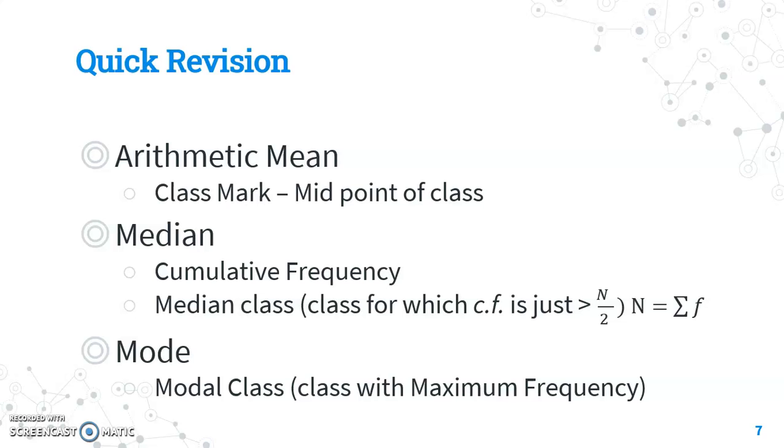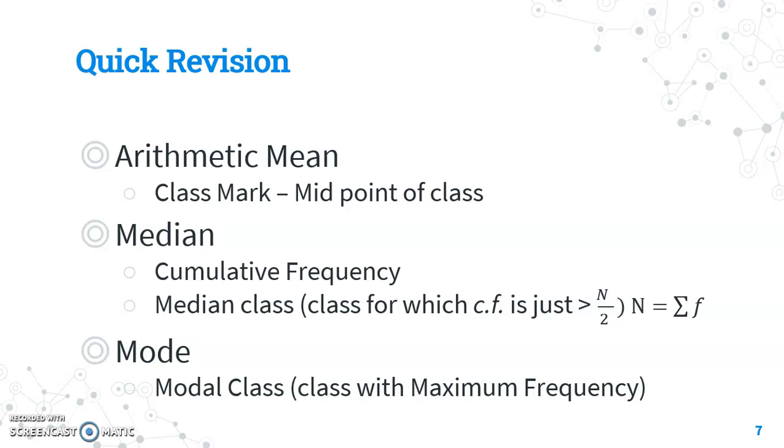Now let us have a quick overview of what we have seen. In order to find the arithmetic mean of grouped data, the class mark is required. The class mark is the midpoint of the class. In order to calculate the median, cumulative frequency is required. Once you have calculated the cumulative frequency, the next task is to locate the median class.